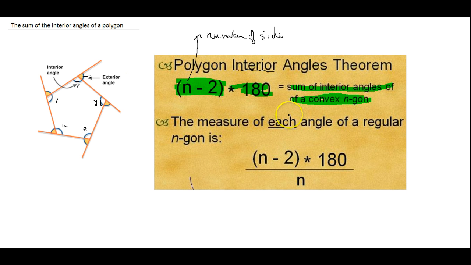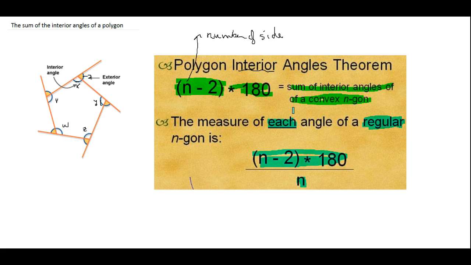Now, if the polygon happens to be regular, and remember regular means that it has all the same side lengths and all the same angles, we can take the sum, and that's what this is, right? This is the sum, and divide by the number of sides to determine the measure of each angle.